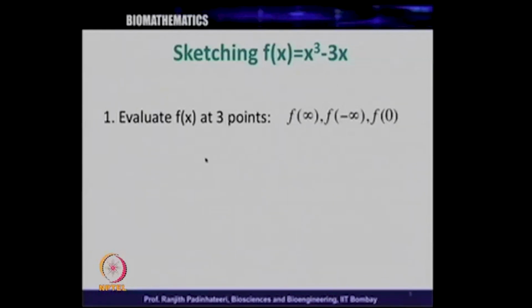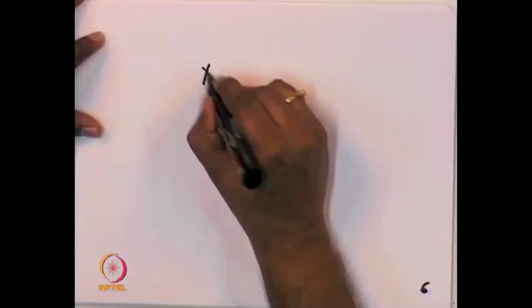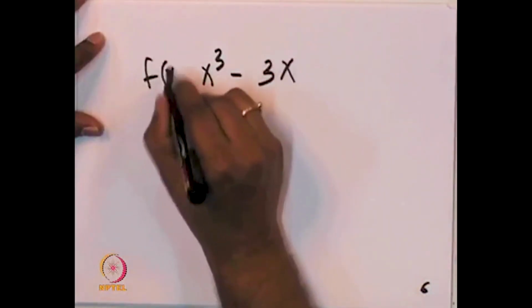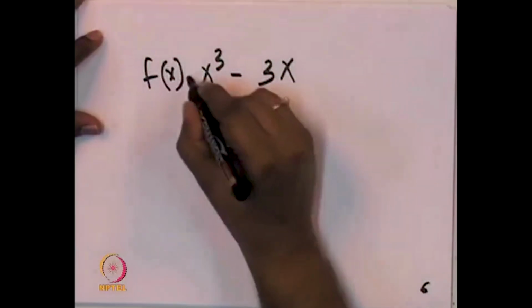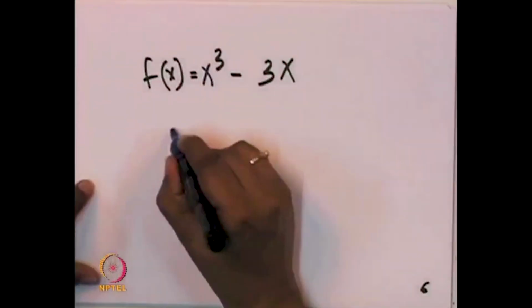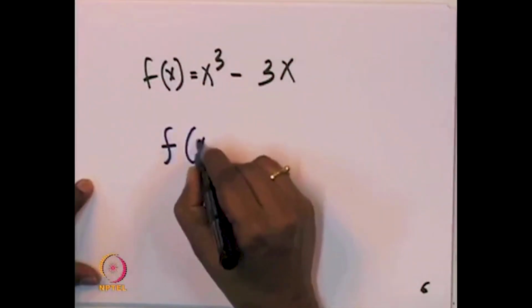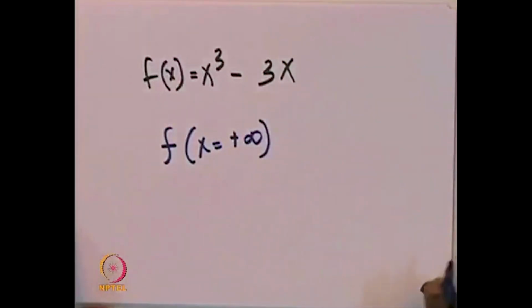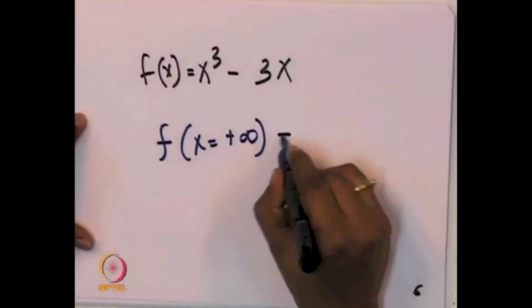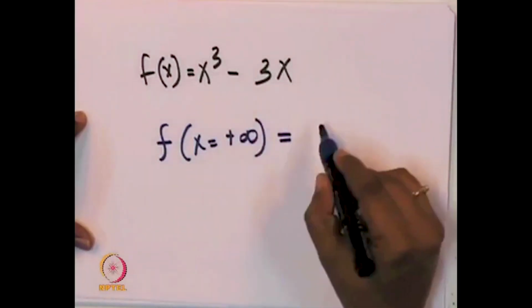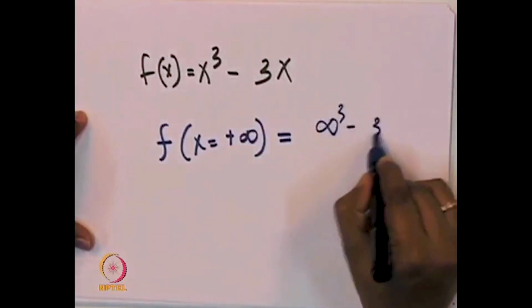The function we have is x cube minus 3x, this is our f of x. First we want to find out f at x equal to infinity. That means you have to substitute x equal to infinity: infinity cube minus 3 times infinity.